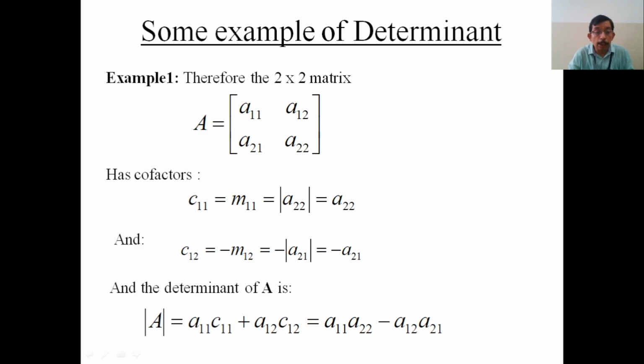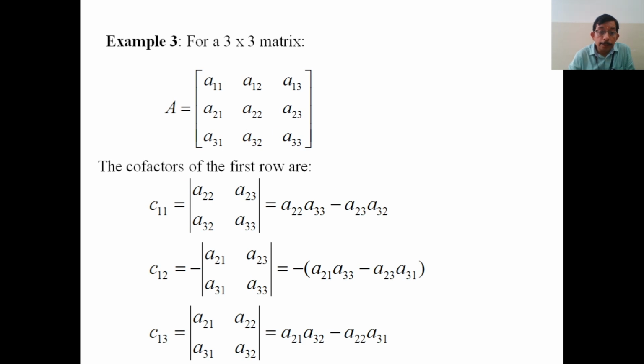It is clear, everyone? Let me give an example. Suppose the matrix is of 3 by 3 order and we find the value of its determinant. First, as we expand the determinant along the first row, we find the cofactors of the first row, C11, C12, C13.